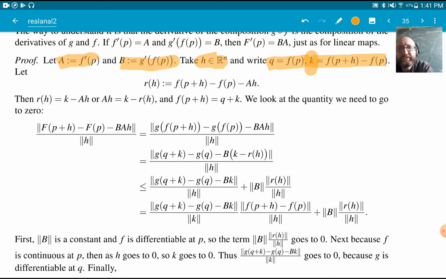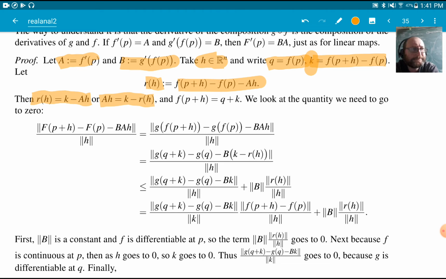And now let's look at the remainder for f. I'm going to call it r(h), and that's just what it is. So this is k. Really, I have that the remainder is k minus Ah, or I could solve for Ah, then it's k minus r(h).